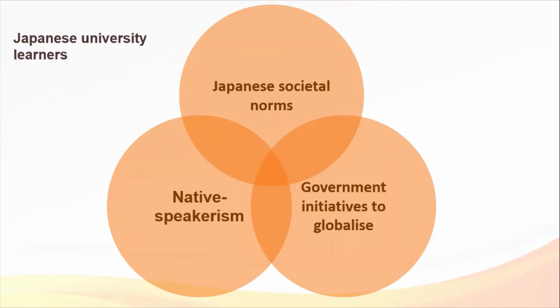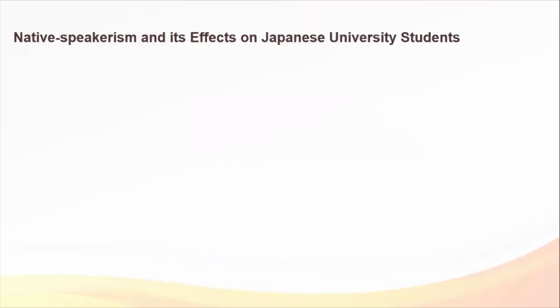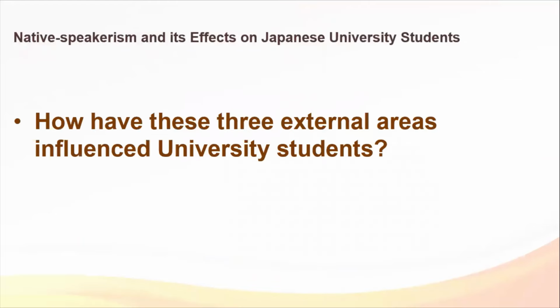So university students entering now will have been throughout their education in a time when the government's been pushing to be more global, and the sort of pervasive ideology of native-speakerism throughout the teaching practices and materials of their English classrooms. So I wanted to find out, how have these three external areas influenced university students?